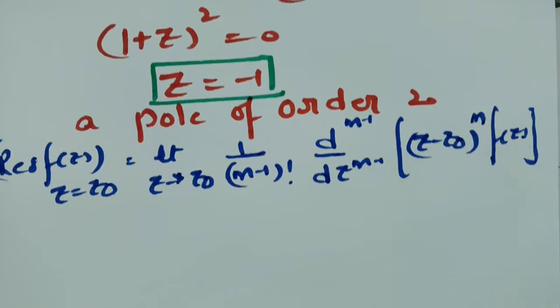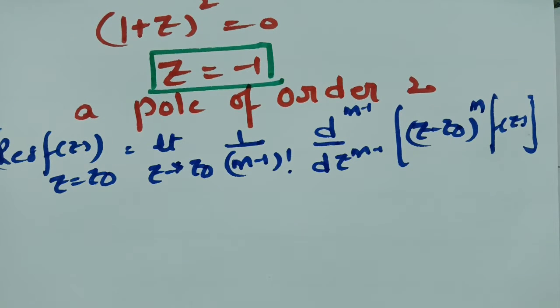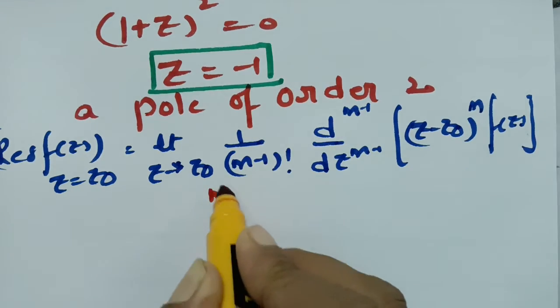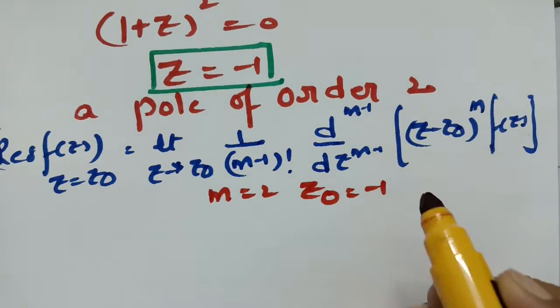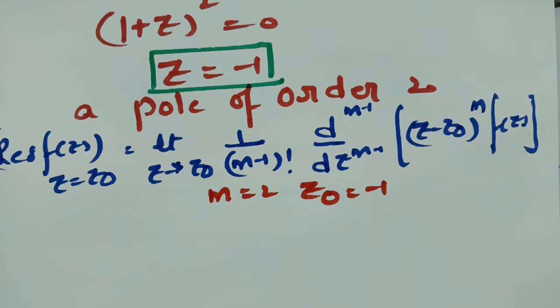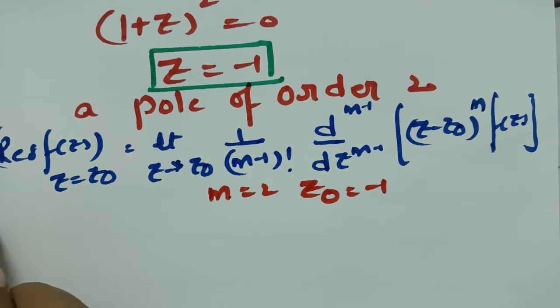Clear? So here I am taking m as the order value, m is equal to 2, and z naught value is nothing but the pole value, minus 1.